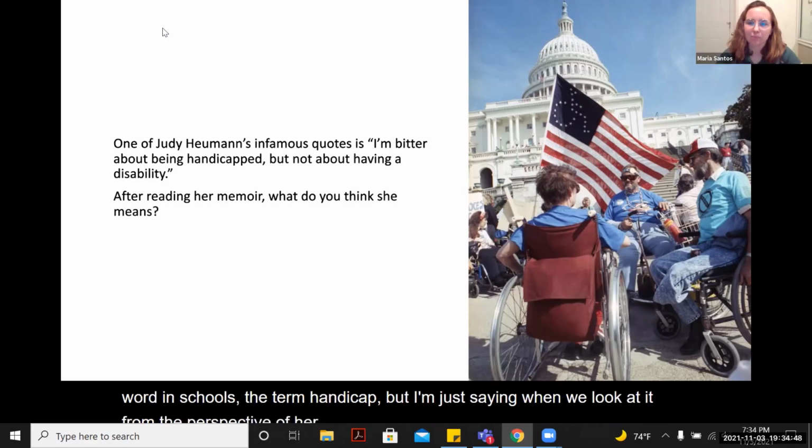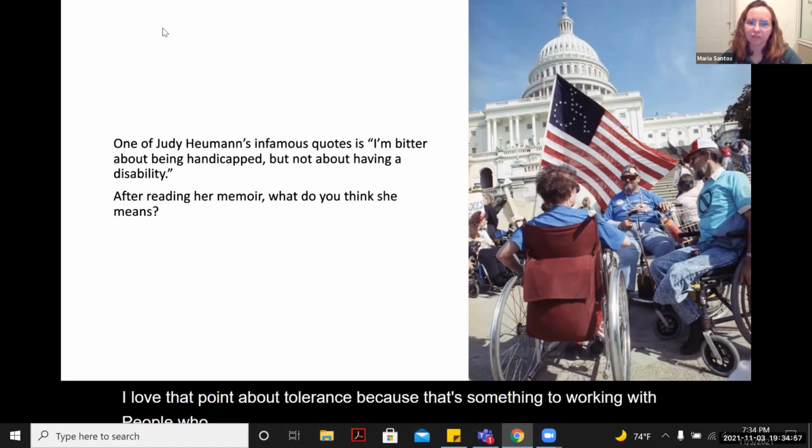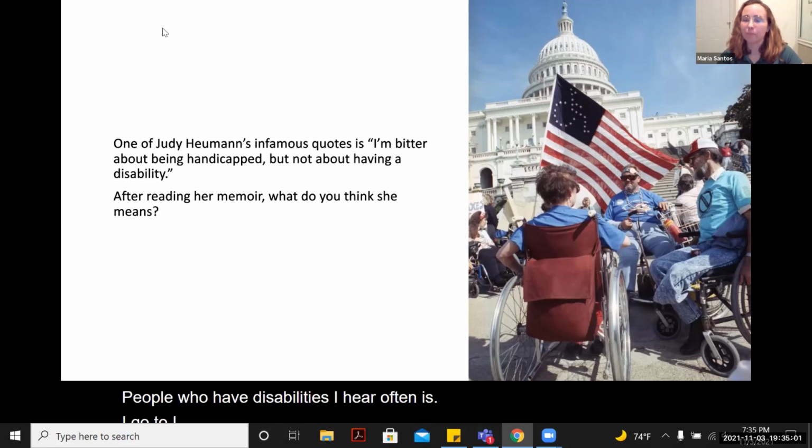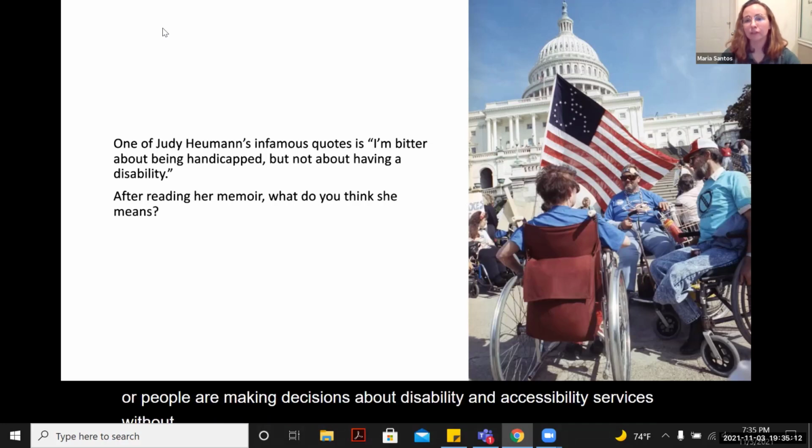Yeah, I love that point about tolerance, because working with people who have disabilities, I hear often, I go to a building and only the bare minimum ADA requirements are met, or people are making decisions about disability and accessibility services without including people with disabilities.